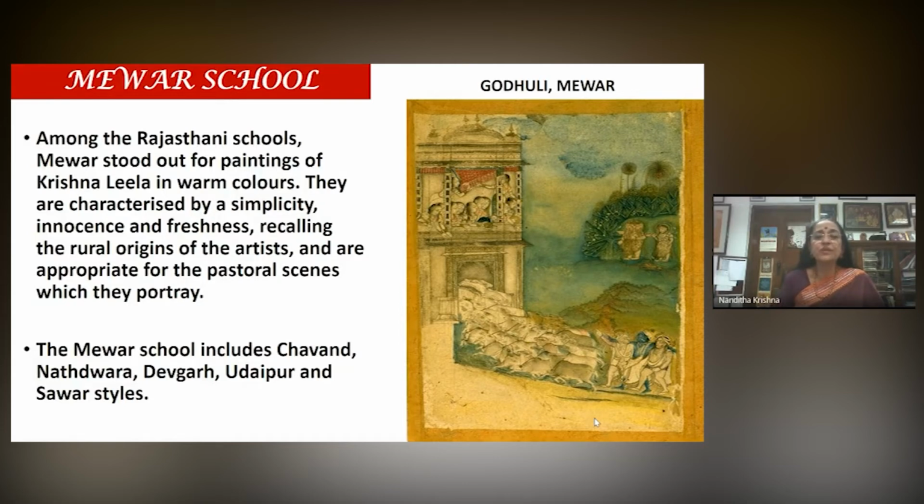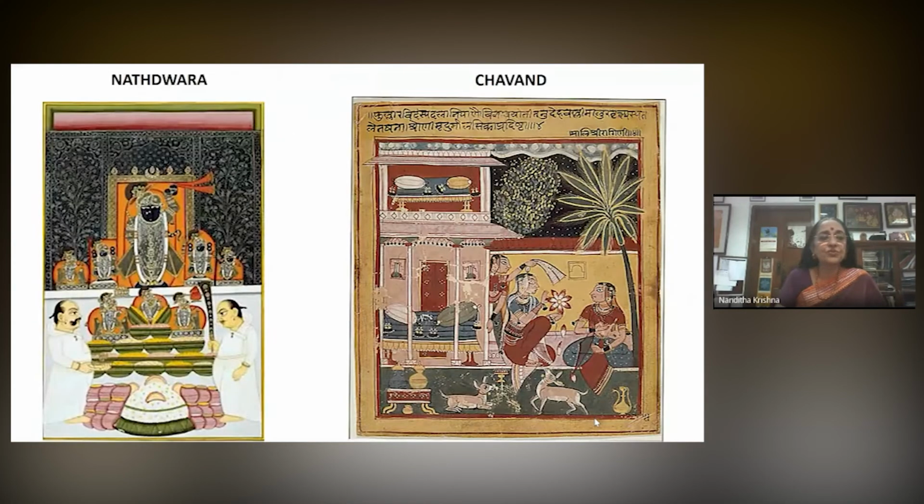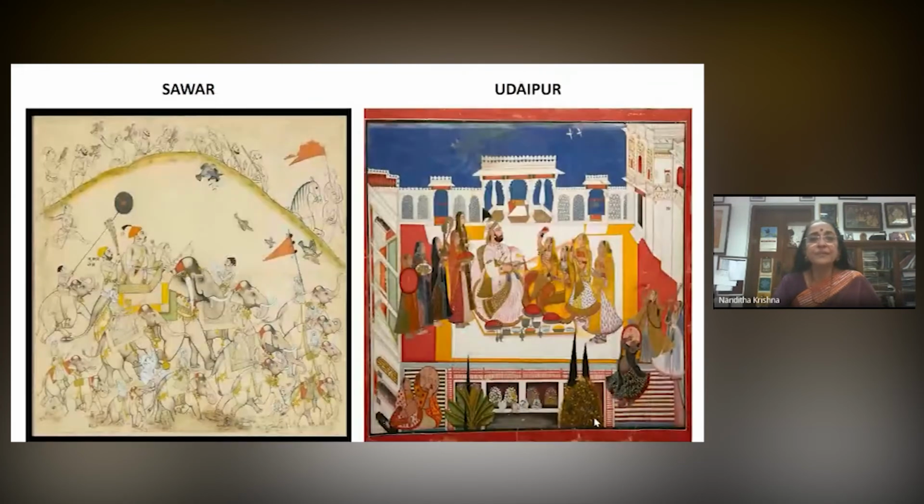The Mewar school includes Chavand, Nathdwara, Devgarh, Udaipur, and Savar styles. So just to indicate to you, this is Nathdwara, which is the worship of Srinath Ji. Chavand, you can see it with the big open eyes.